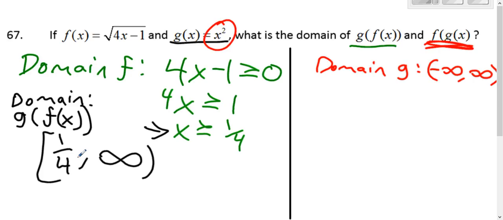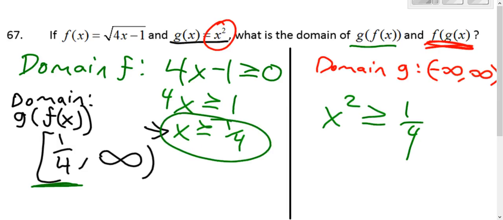So we can take that 1/4. We can only get values greater than or equal to 1/4. So that means x squared, the answer to it, whatever it is, has to be greater than or equal to that 1/4, which is our domain of f. So if you solve this, you would square root both sides.